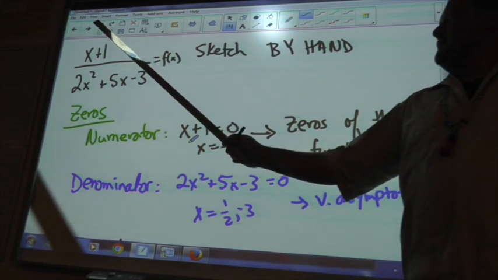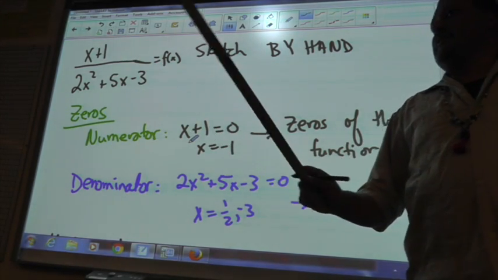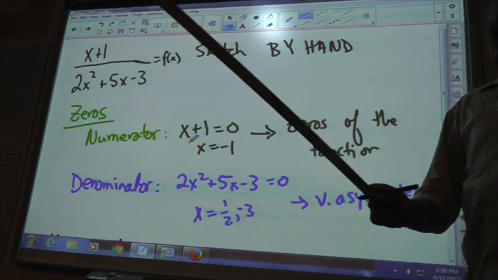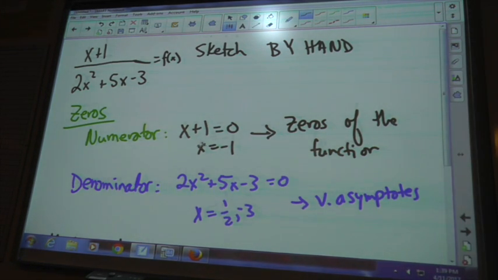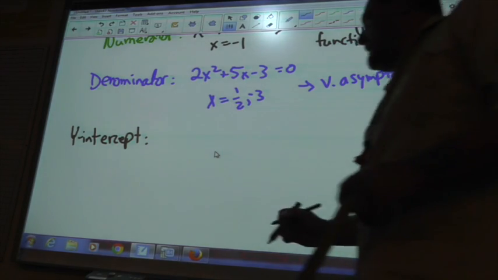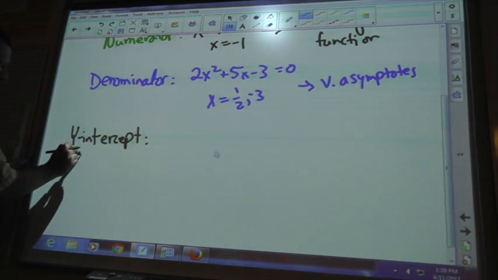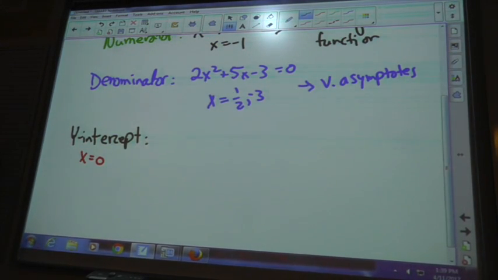Wasn't it 1/2? We're not talking about the horizontal asymptote. We're talking about the y-intercept. The y-intercept is when x equals 0, right?